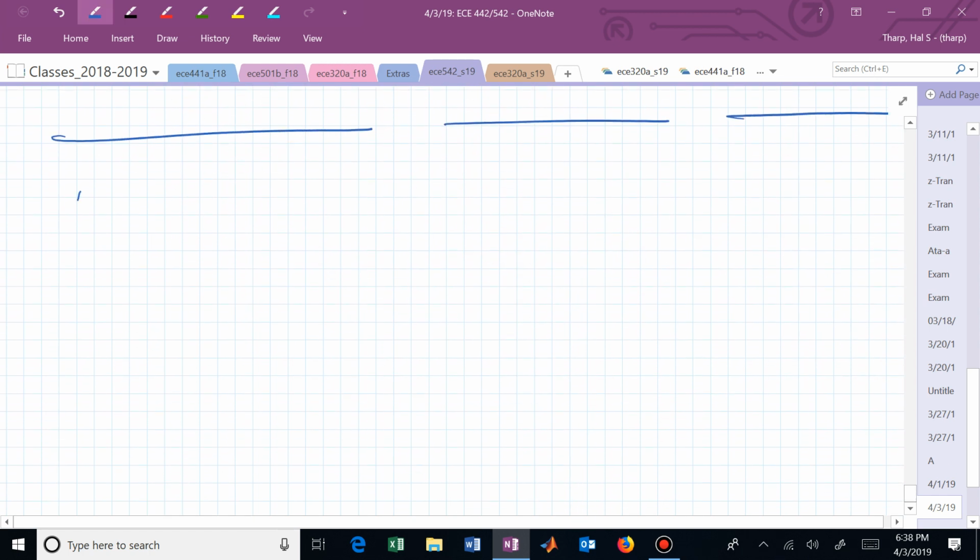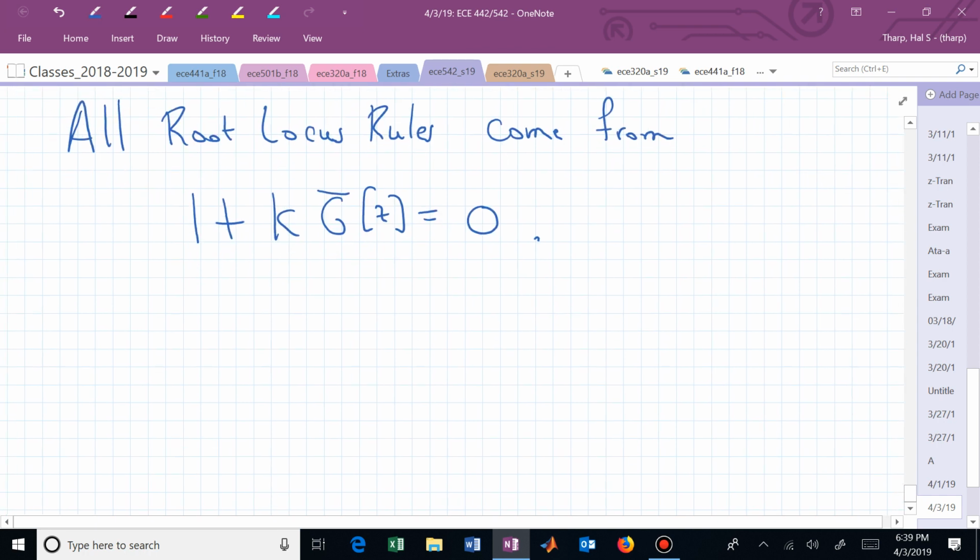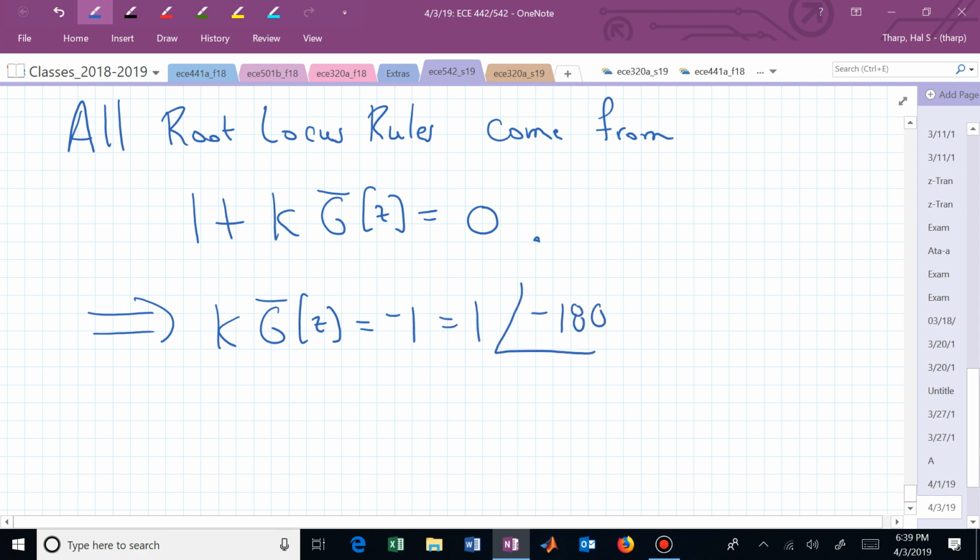Now, all of these rules come from this very basic formula. And we now know that this expression leads to 2 conditions. We actually have k g bar of z equaling -1, but that's just 1 at minus 180 degrees.